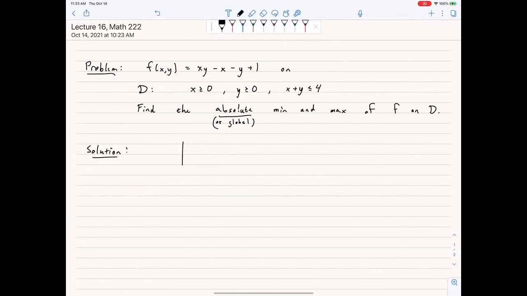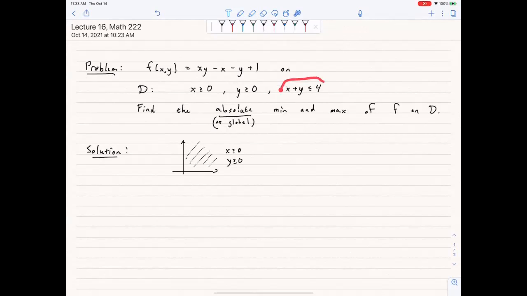So here, if we want to sketch D, we can sketch it in the xy plane by saying, okay, well, the first two inequalities give us everything in the first quadrant. And now, in general, what is helpful if you want to then find the remaining inequality is to go to the boundary of that inequality by looking at the equality, right?